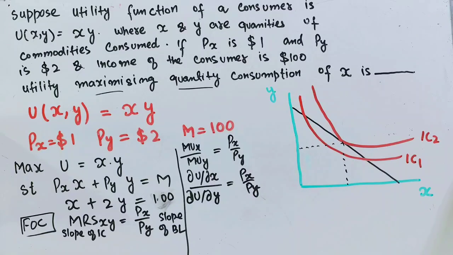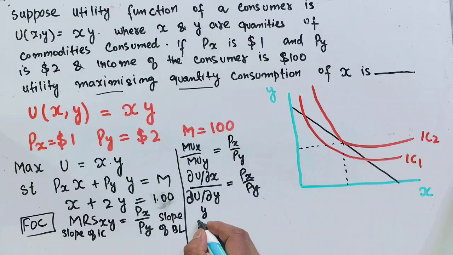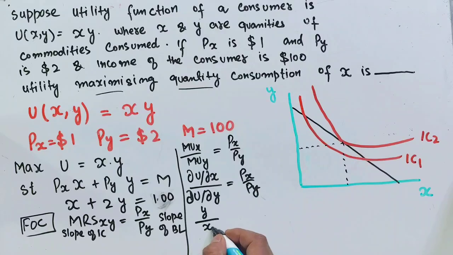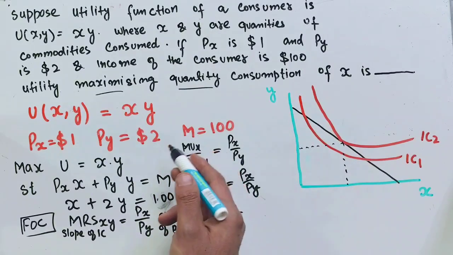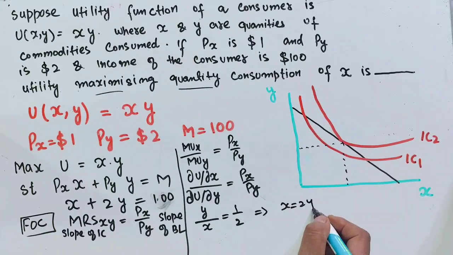Okay, du upon dx means the partial derivative of the utility function with respect to x, so the derivative of x is 1, we are left with y, divided by du upon dy, the derivative of the utility function with respect to y, so we are left with x. Price of x is 1 and price of good y is 2. Solving for this, we get x is equal to 2y.